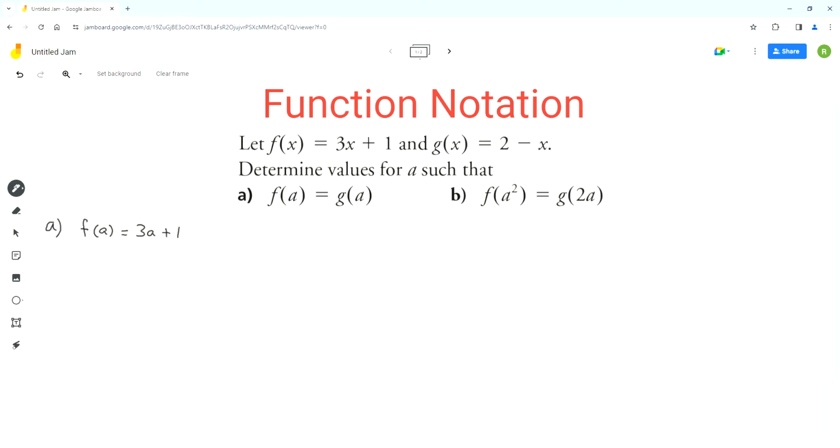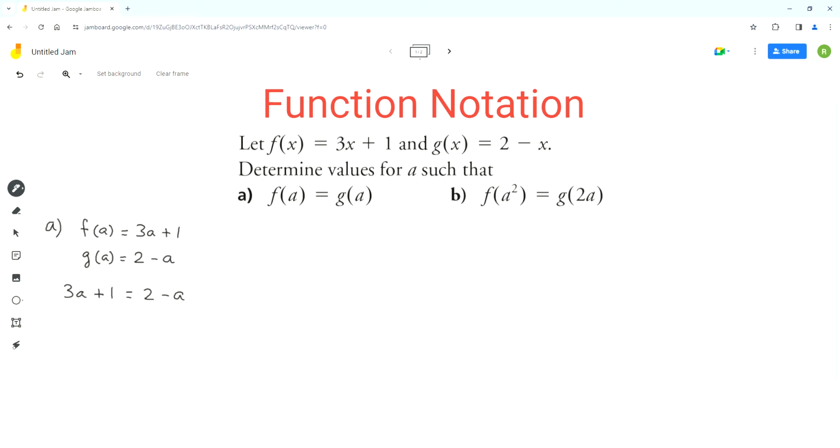We have to replace x with a, and now we can find what g(a) is. So g(a) will be equal to 2 minus a. Now we can make them equal to each other and then solve for a. So 3a plus 1 equals 2 minus a. So this is the equation we have to solve.